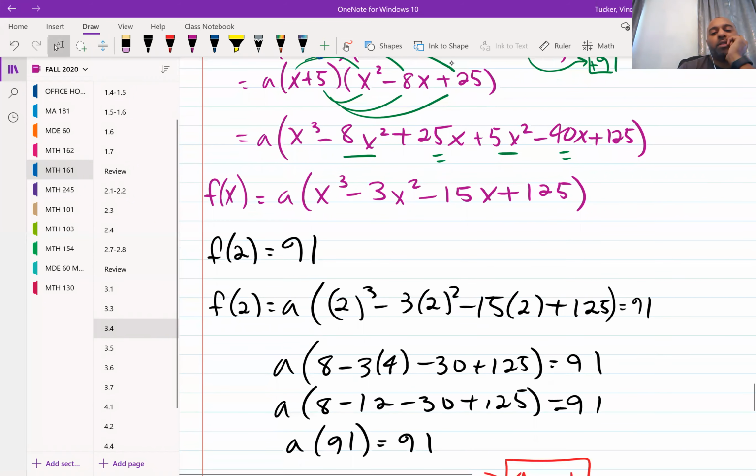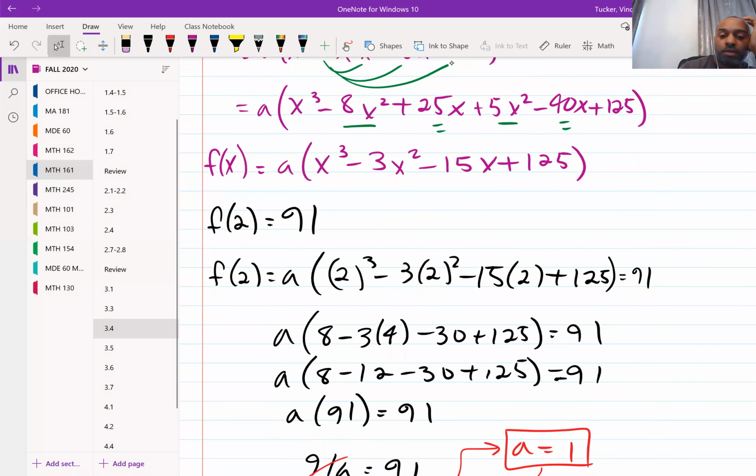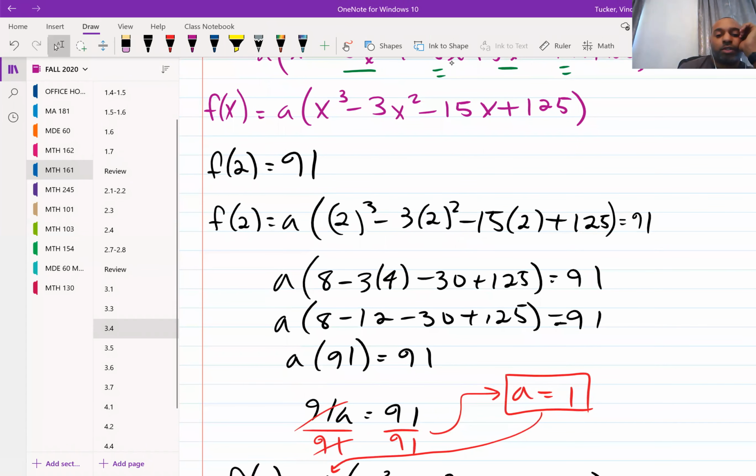2 cubed is 8, 2 squared is 4. 8 minus 12 minus 30 plus 125 ends up giving us 91. So now solving for a, divide 91 on both sides. A is equal to 1.